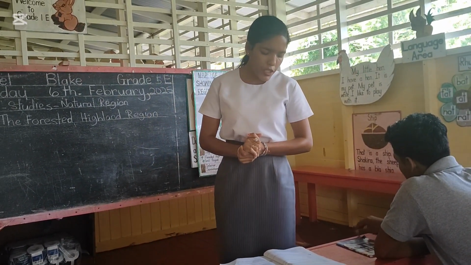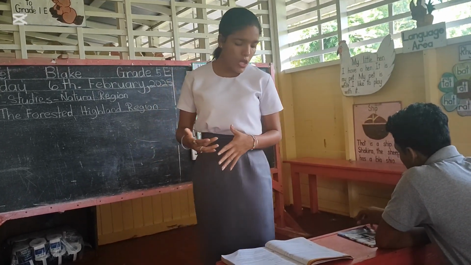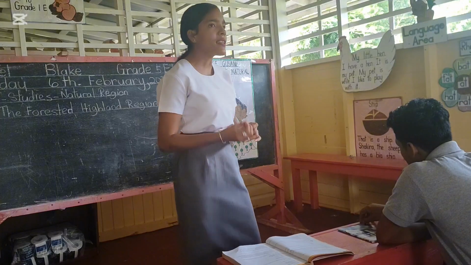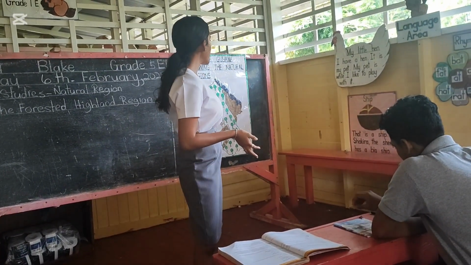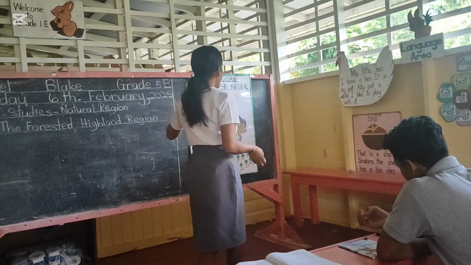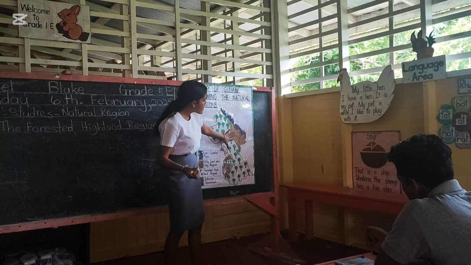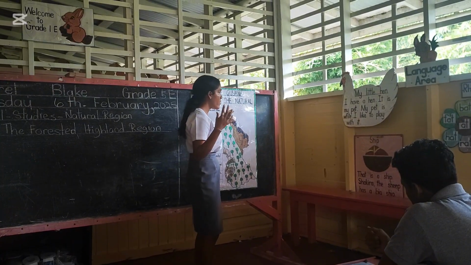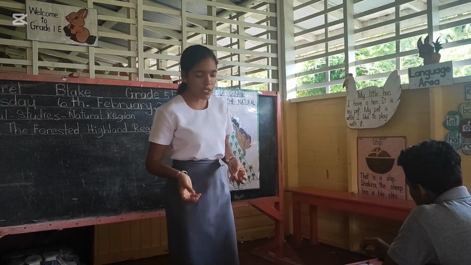Resources of the highland region. The main resources of this region are timber, gold, and diamond. That is why we will find a lot of gold miners and a lot of loggers there, because of the soil type, you will find a lot of gold, and because it is mostly trees, you will find persons mining in that area, and loggers.